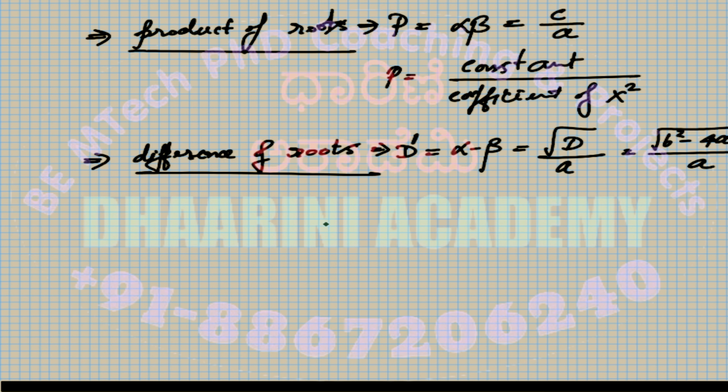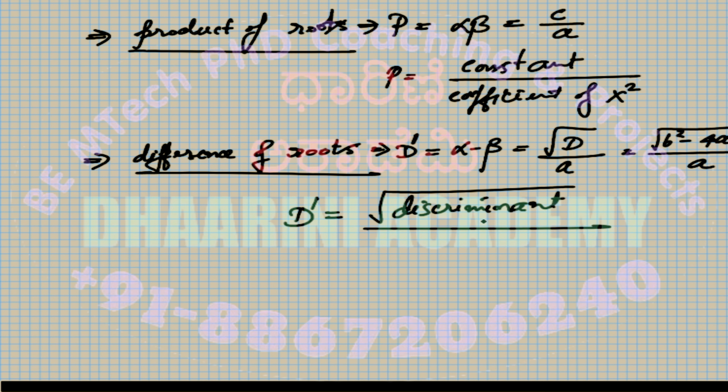This d has a name: it is called the discriminant of that particular quadratic equation, so d dash is equal to the square root of the discriminant divided by the coefficient of x squared.